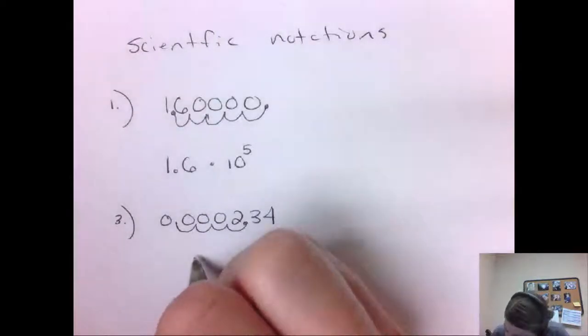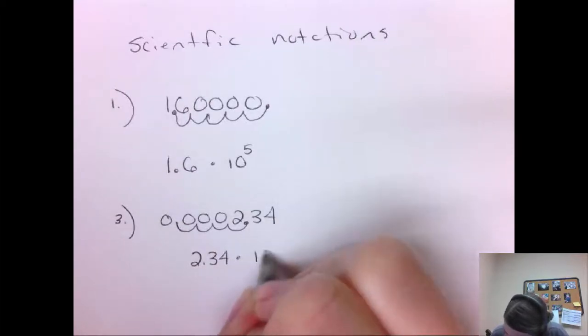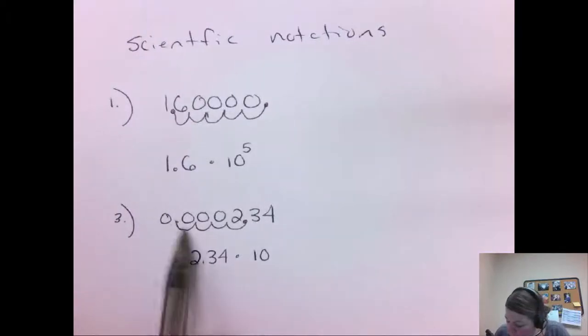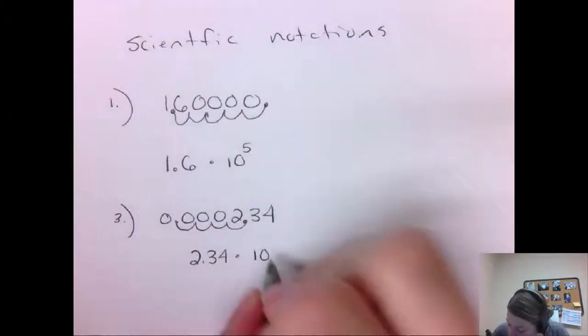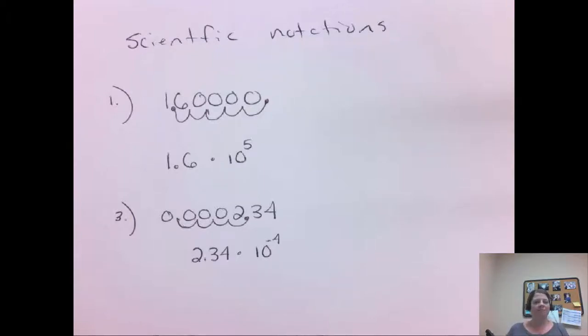So this one would become 2.34 times 10 to the, now I moved it 1, 2, 3, 4, but it has to be a negative 4 to indicate that I moved to the right. And that's the difference.